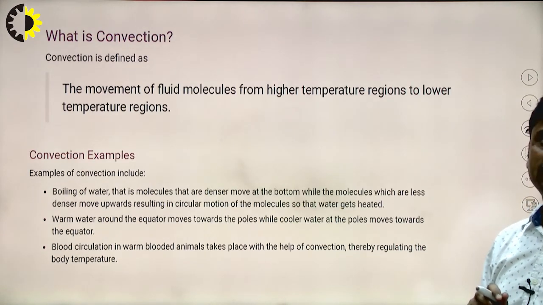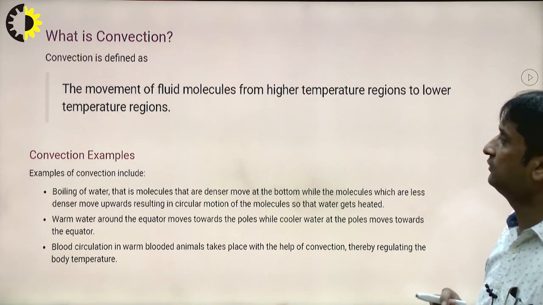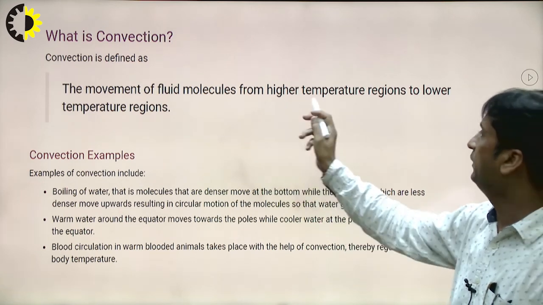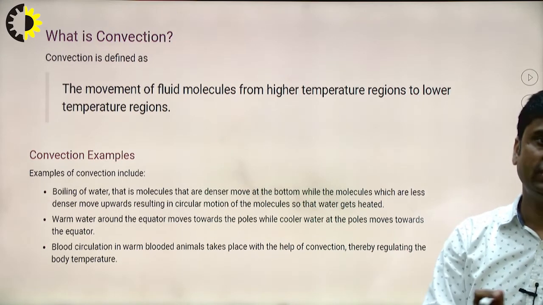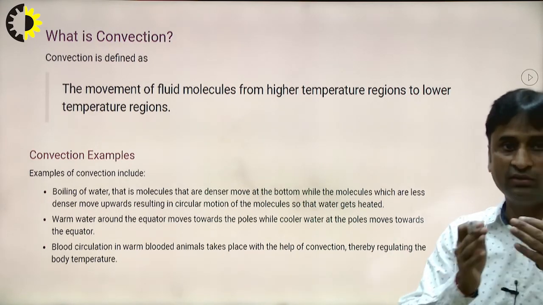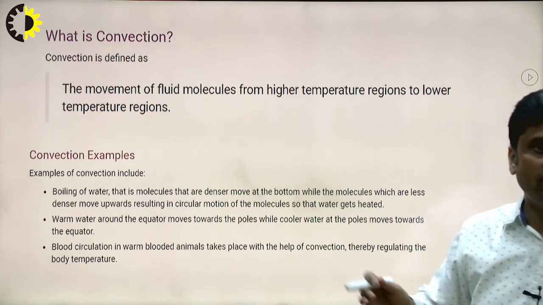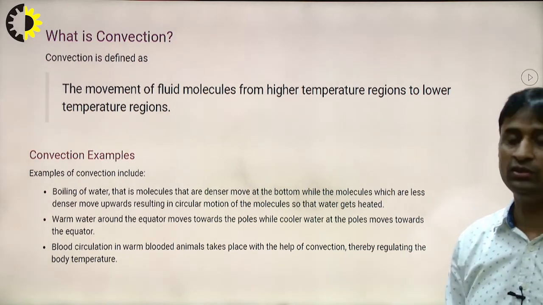Now convection is the movement of fluid molecules from a high temperature region to a lower temperature region. It means heat energy is transferred from high temperature to low temperature, but in fluids, that is gases or liquids.